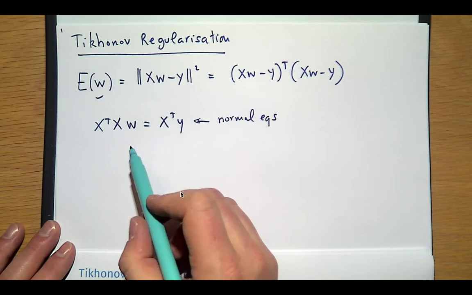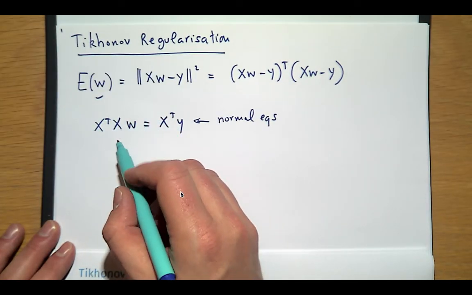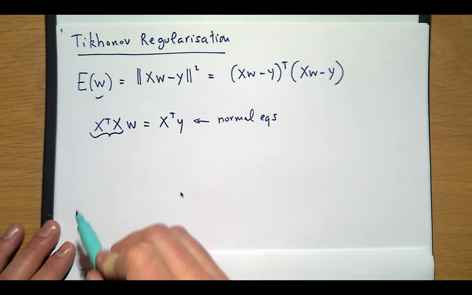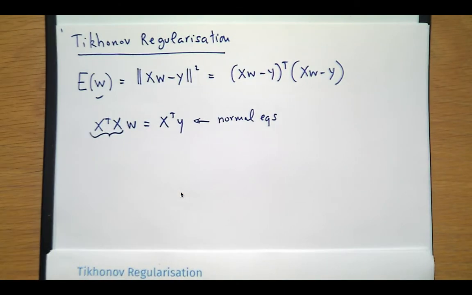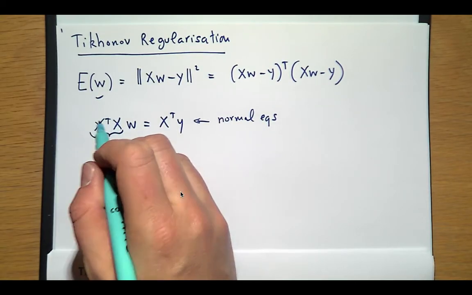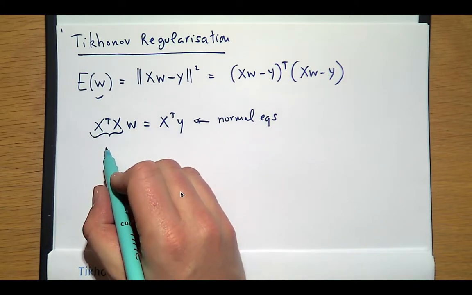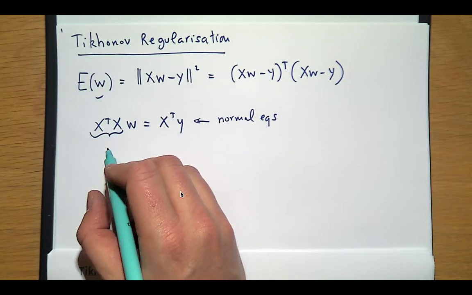And the issue we have basically is that this matrix here is close to singular. So the effect of overfitting is that you don't have enough data to actually have a good approximation of what this matrix should be, and this matrix is hard to invert. Okay, so.